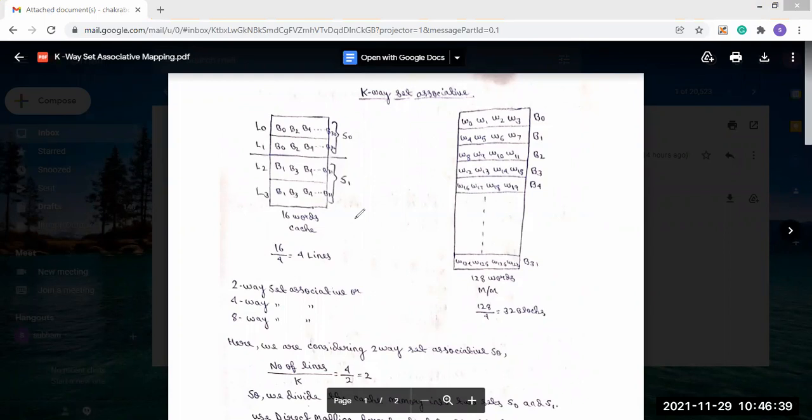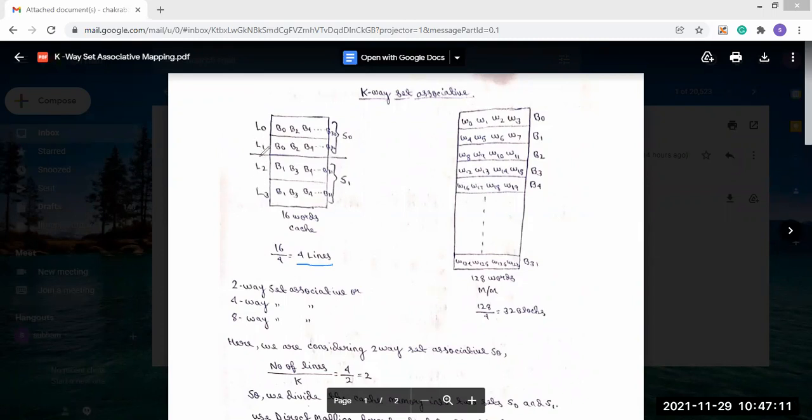So a line is also capable of storing 4 words, which means at a particular moment one block can be present in a line. So we divide the cache into 4 lines, 16 divided by 4. So L0 to L3 will be the 4 lines present.